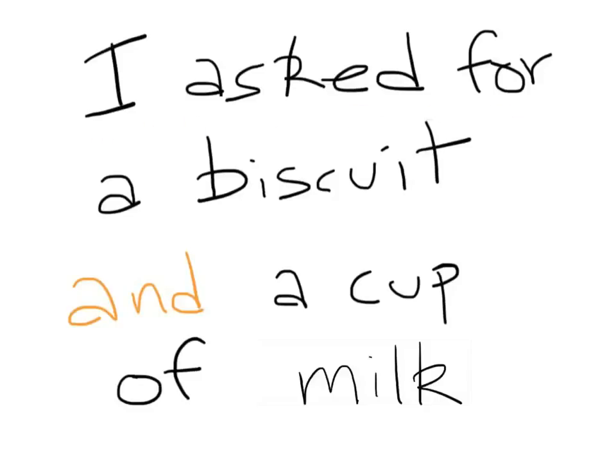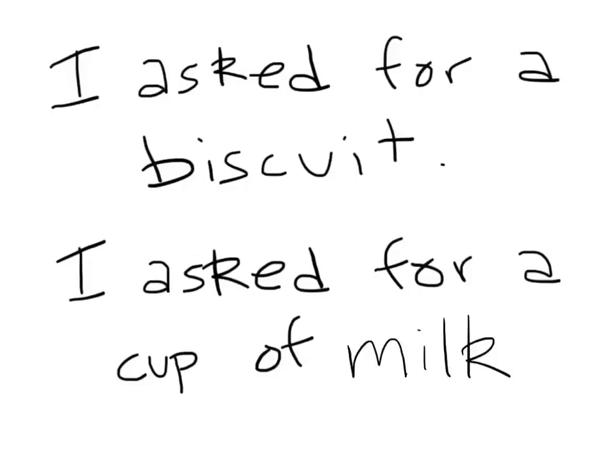The first part of this sentence mentions the first item that I want, and the second part mentions the second item, and both parts are joined by and. Think of it this way. This could just easily have been two sentences.